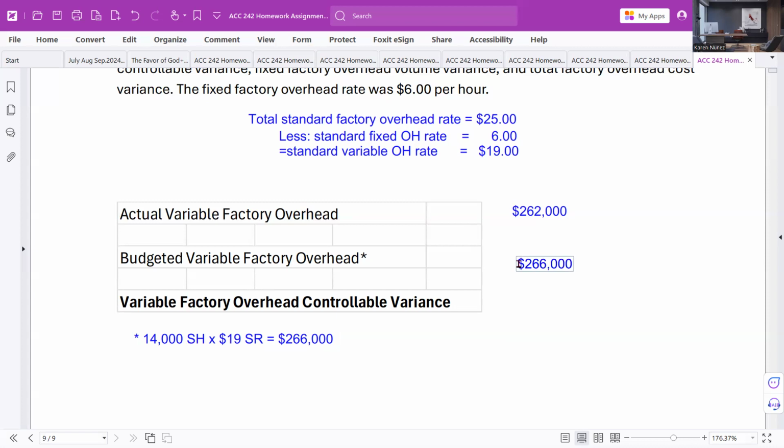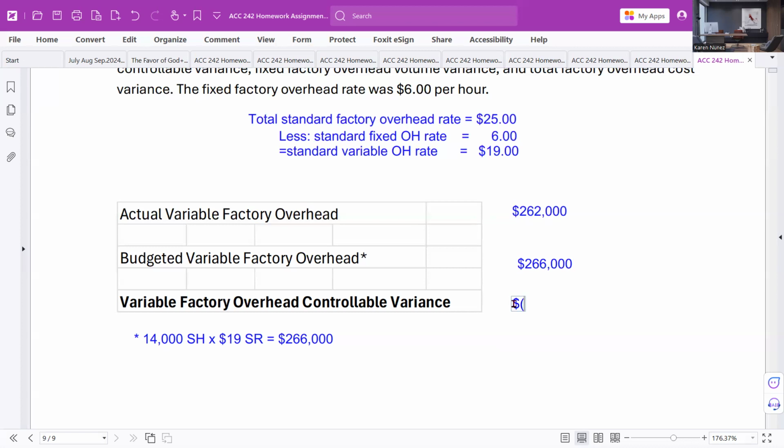So the actual is given, and the budget we can figure out by taking the standard hours times the standard rate, the standard variable rate of $19. So the controllable variance got a negative number, right? This variable overhead, they spent 262,000, but the budget is 266,000.